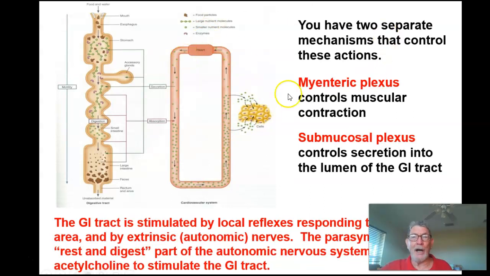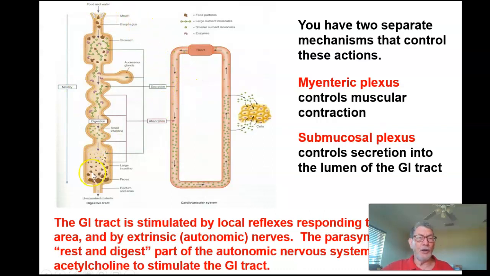So we have our myenteric plexus, which controls the propulsion, the submucosal plexus, which controls secretion, and all those can be stimulated either locally by stretch, by food in the GI tract, by extrinsic nerves coming in from the outside, so you're talking about the parasympathetic nerves using acetylcholine, and also by various reflexes sending a signal outside the GI tract and coming back.